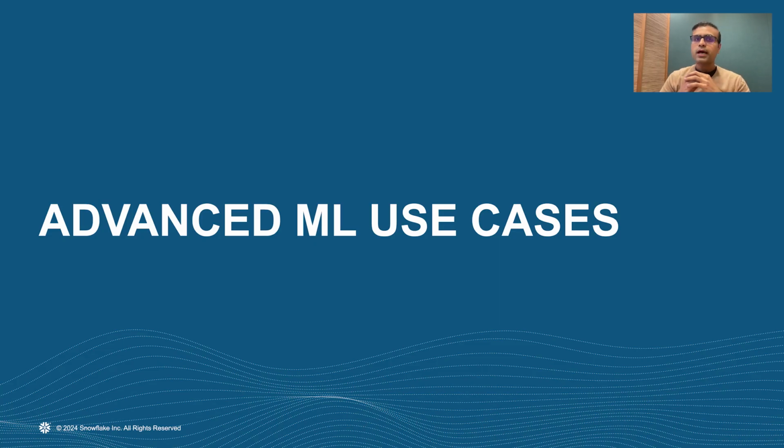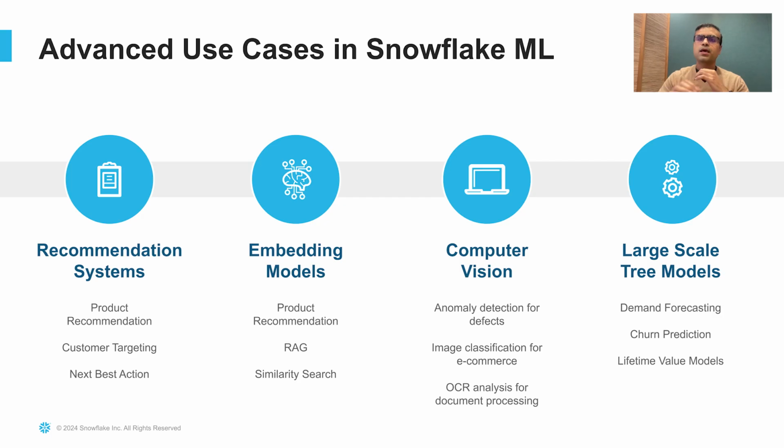Now let's see what kinds of use cases can be unlocked with these capabilities. You can use Snowflake ML to build advanced machine learning models for a variety of use cases, including recommendation systems that can use history of clicks or purchases to tailor targeted marketing or sales campaigns.